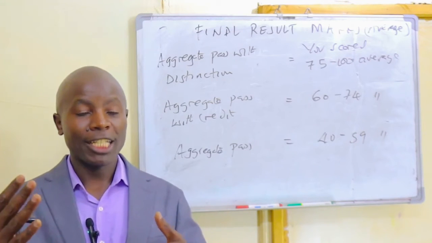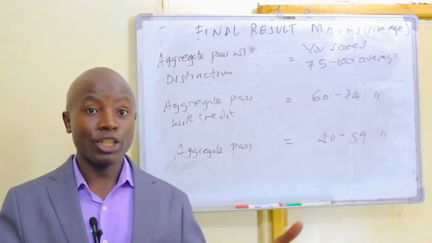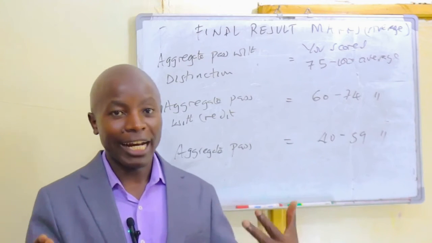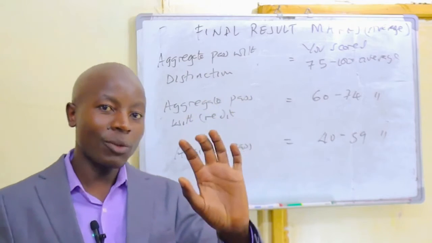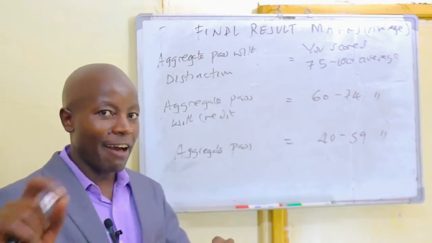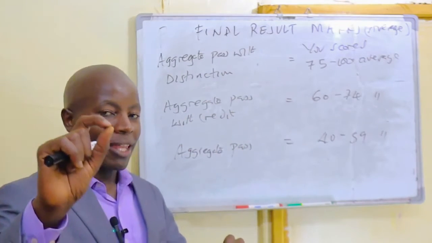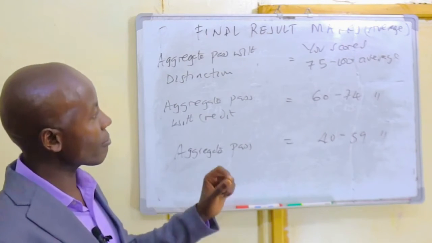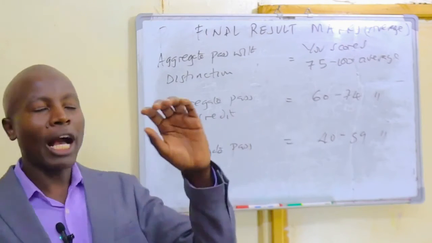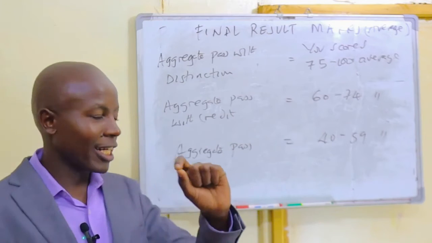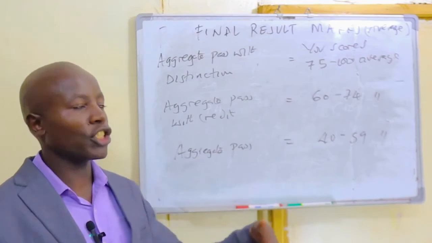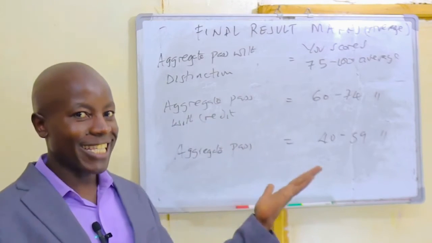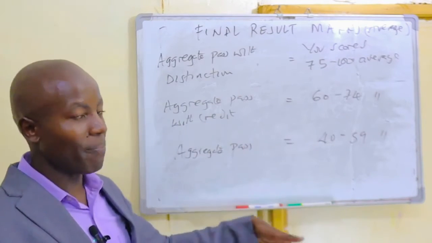That is total marks divided by the number of subjects that you take for them to arrive at either pass with the distinction, credit, or pass. When you score the distinction, what is the average marks? For them to come to aggregate pass with credit, what is the average? And when they say you got a pass, what is the average score? Okay, you may guess this if you followed the earlier bit.